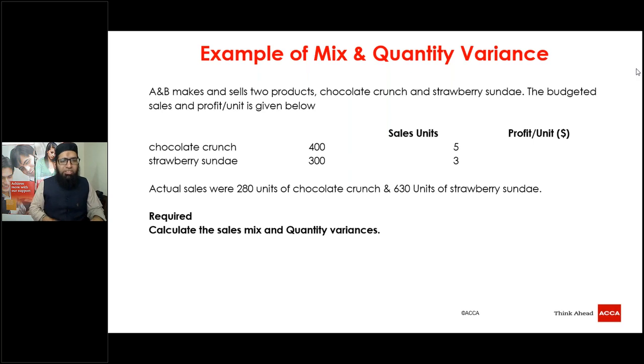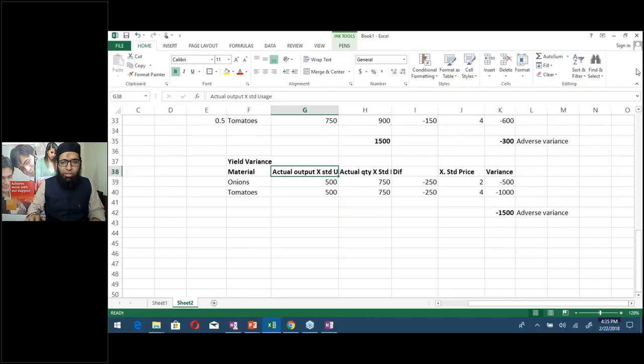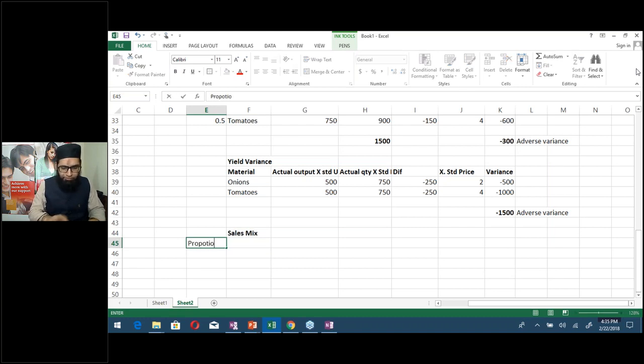Now, let's discuss this example. Once again, first we will prepare the table. My first heading is sales mix, and for that I will be making the proportion, then the name of the products.